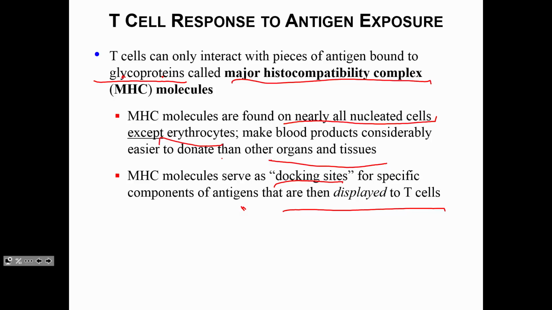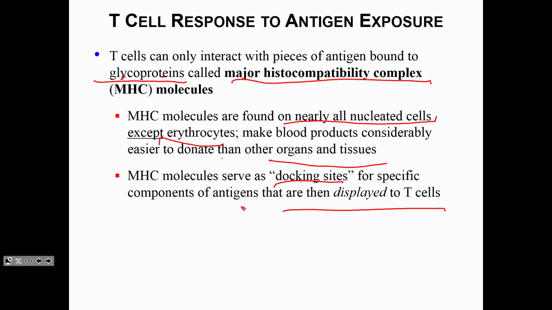Now, back up a second. Why are we taking the antigen and docking it on an MHC molecule for a T cell? Well, T cells are the only cells in our bodies that can determine whether that antigen is self or foreign. Nobody else can do that. So these MHC molecules have to take the antigen, digest it, and then dock it on their site.